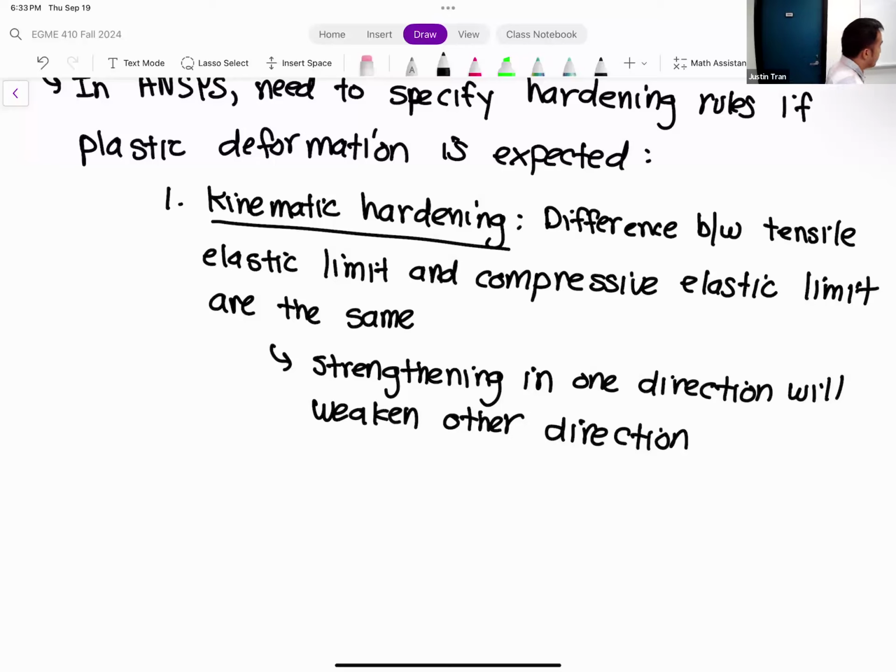So that's kinematic hardening. The other type of hardening that's available to ANSYS, or I'd say the two most common ways of doing this is isotropic hardening.